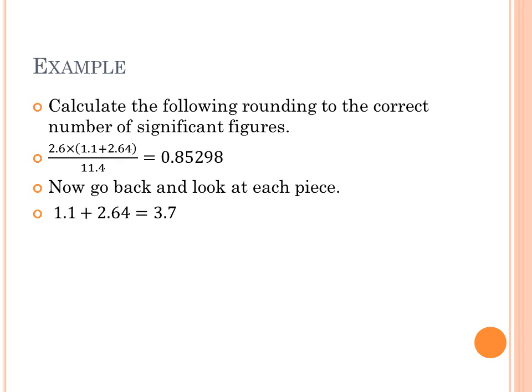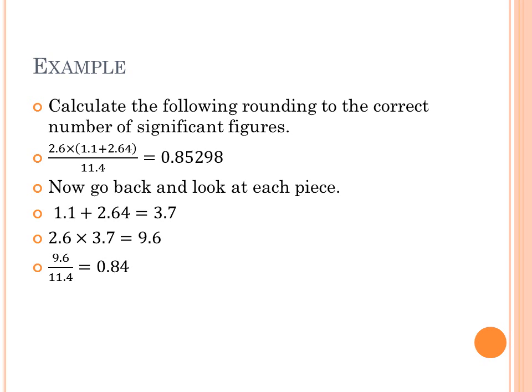Look at each piece. We just take what's in parentheses. 1.1 plus 2.64 is 3.7, rounding off to the tenths place for a total of 2 significant figures. Take that answer and multiply it by 2.6. We get 9.6, which again is 2 significant figures.